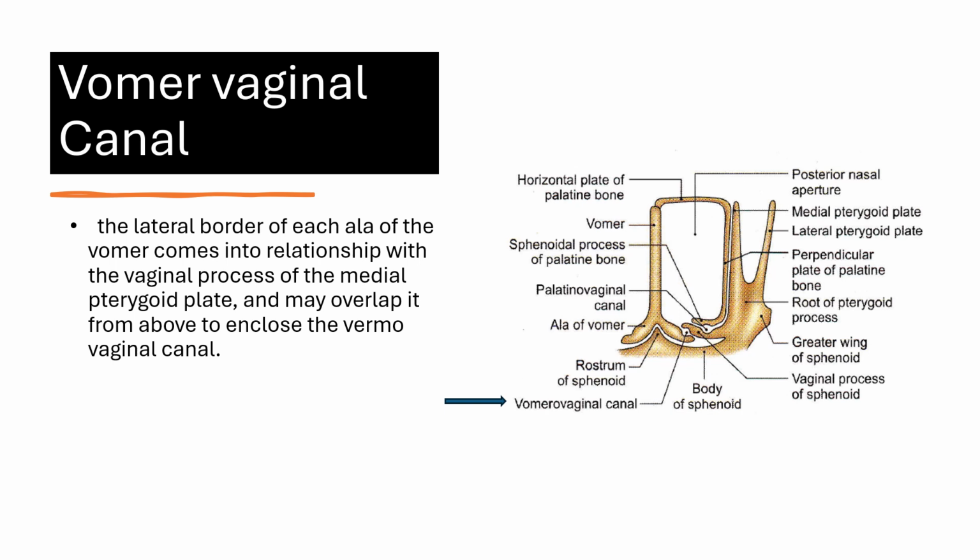That is, the lateral border of each ala of vomer comes in relationship with the vaginal process of the medial pterygoid plate and may overlap it from above to enclose the vomer-vaginal canal.